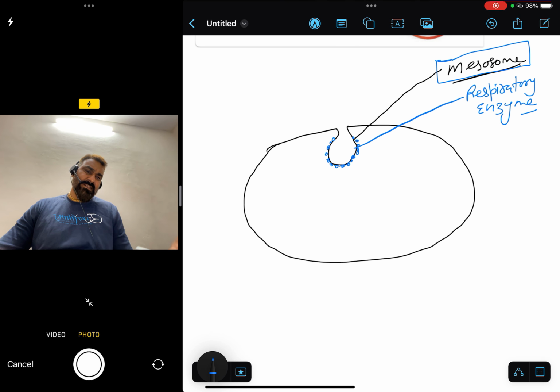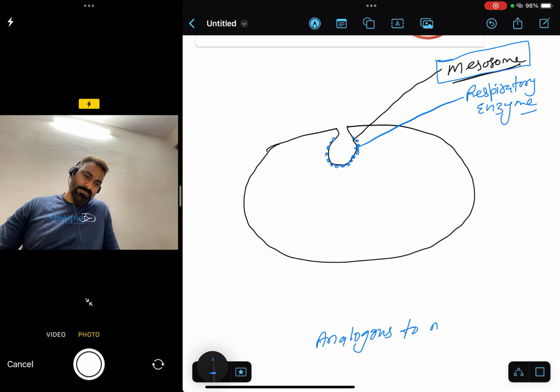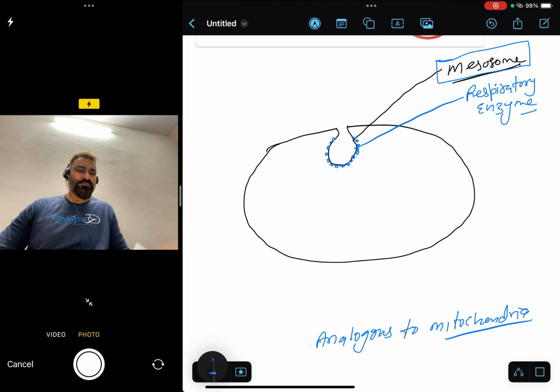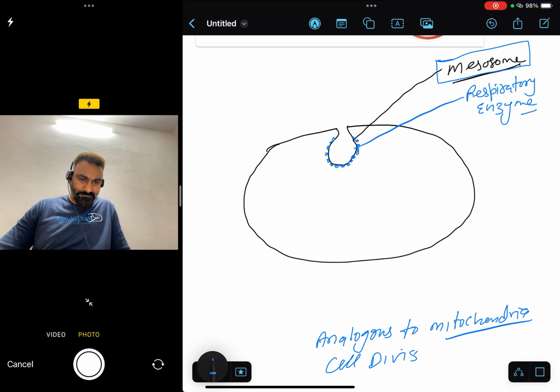A very important question comes: what is the function of mesosome? This mesosome functions as analogous to mitochondria, because when a bacterial cell divides, it enlarges itself and helps in cell division. Second point, it helps in cell division.